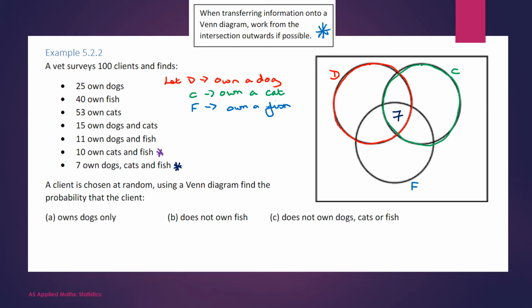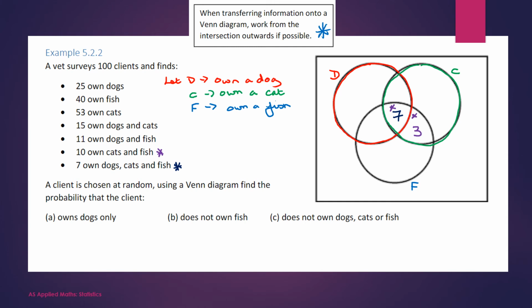So cat and fish is there and there. Cat and fish is just kind of ignoring the red circle for now. So we've got 10 own a cat and a fish, but I've already been told about 7 of them. So because that area has to add up to 10, I know that that region there is 3.